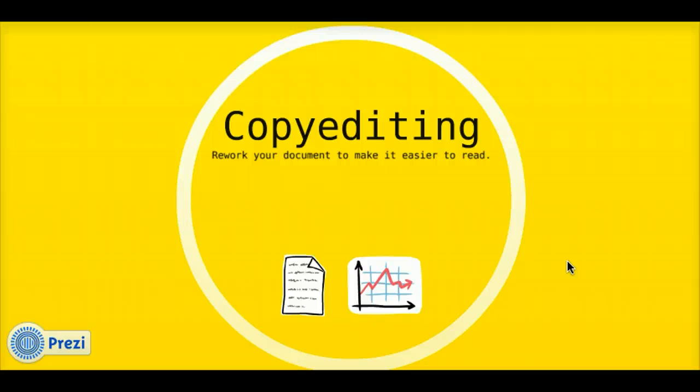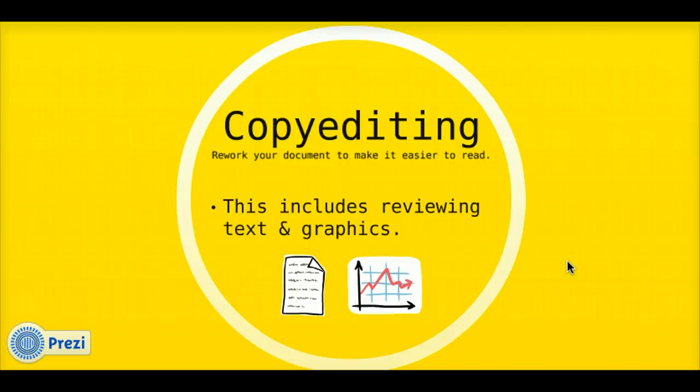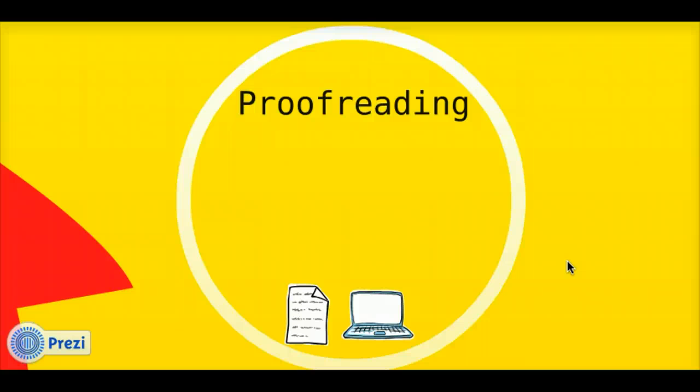Copy editing is where you rework your document to make it easier to read. This includes reviewing the text and graphics to make them as concise and clear as possible, which will make your entire document more effective. And finally, proofreading. It's a simple thing, but it's really important that you read it over and look for mistakes.